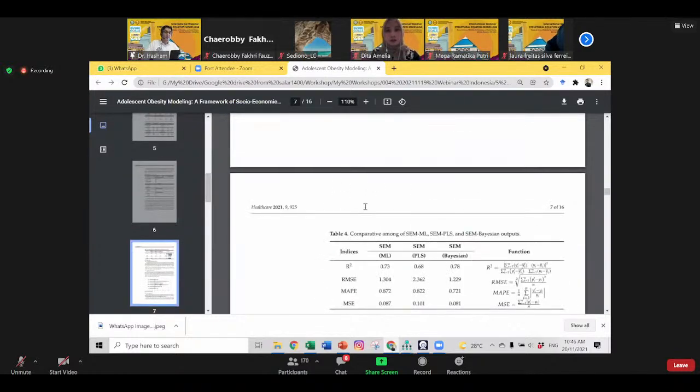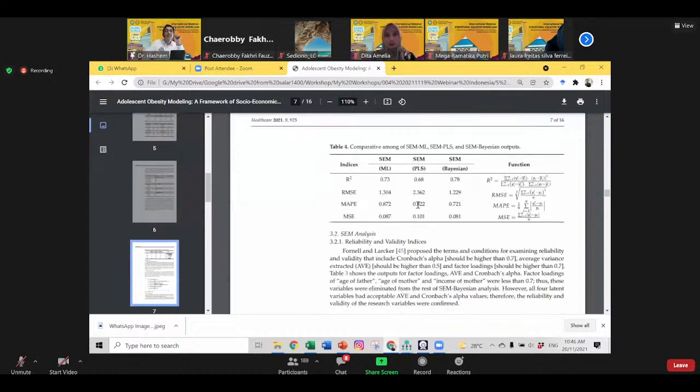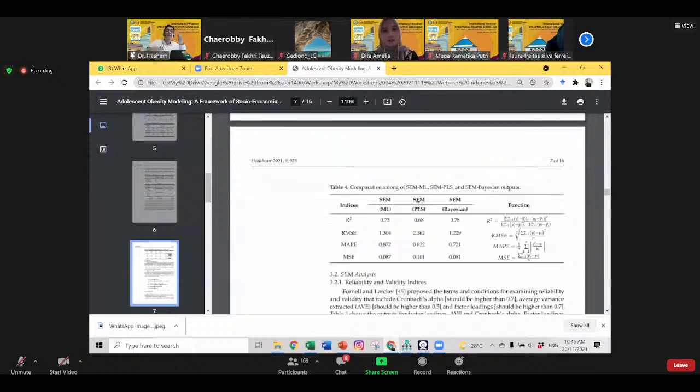And then, one thing I would like to suggest, but not from the beginning, is to do a comparison analysis among 3 estimators, because we have structural equation modeling: the maximum likelihood estimator, the partial estimator, or the Bayesian estimator. But it's quite advanced, so I don't suggest it from the beginning. Even after 2 years, maybe, of experience with structural equation modeling, you can go for Bayesian, because Bayesian needs more knowledge about structural equation modeling.